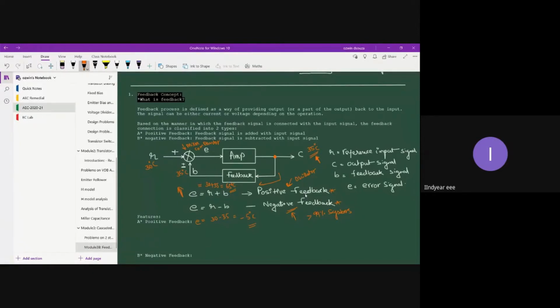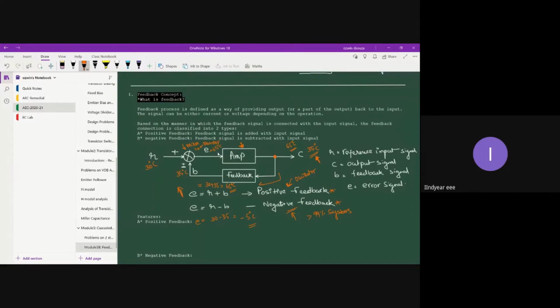Now imagine if you go for a positive feedback system. The error signal becomes 65 degrees Celsius, and this error signal will make the refrigerating system increase the temperature to 65 degrees Celsius, because the refrigerator system is a brainless device. It just takes the input and gives the output.